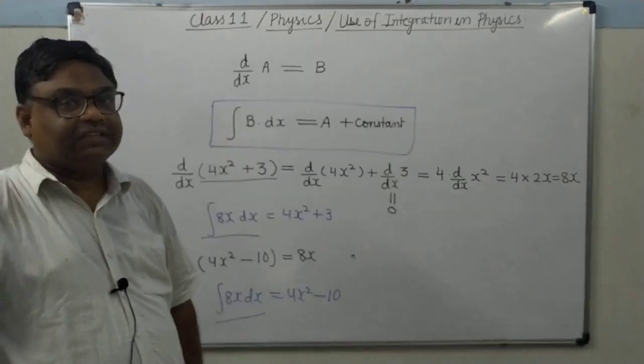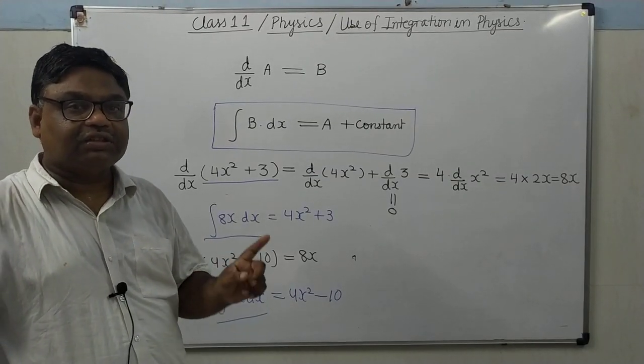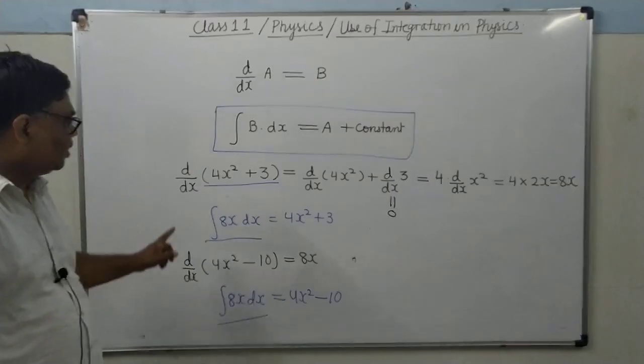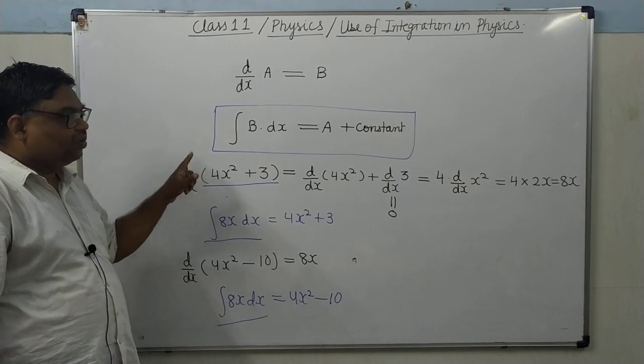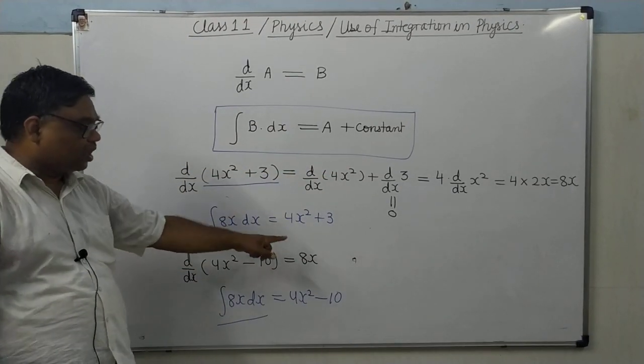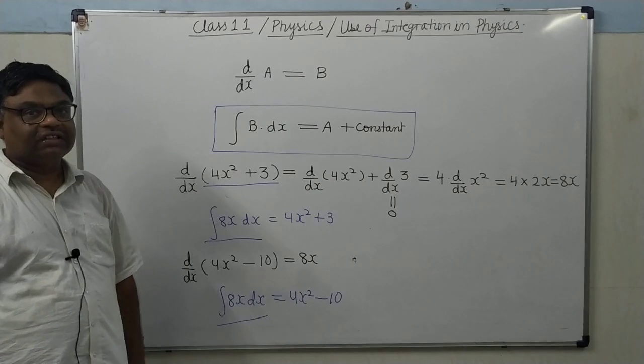It means we can say that the functions which have the same differential coefficients, here this is a function having what differential coefficient? 8x. This is a function having what differential coefficient? 8x.